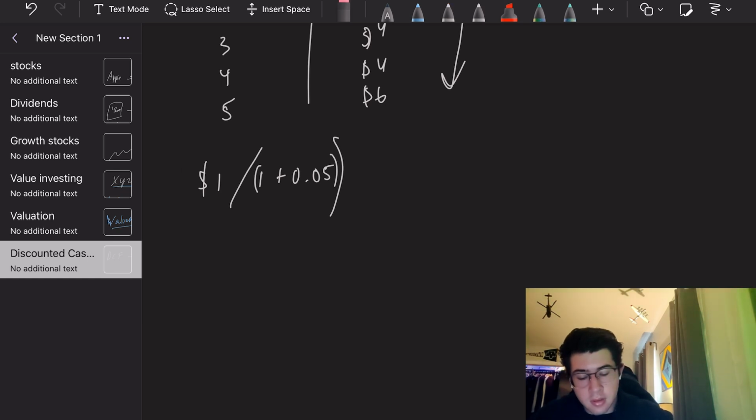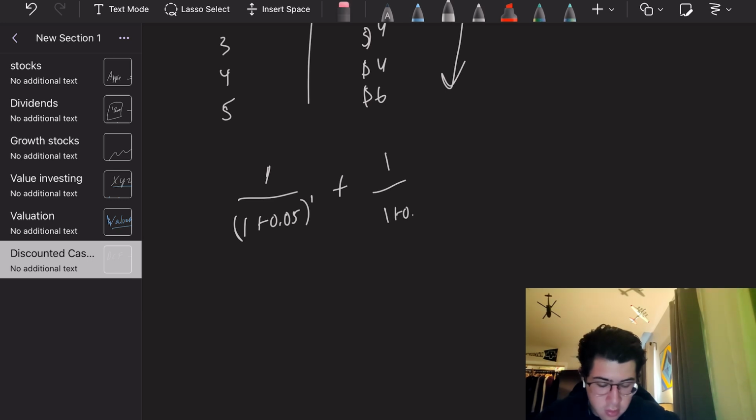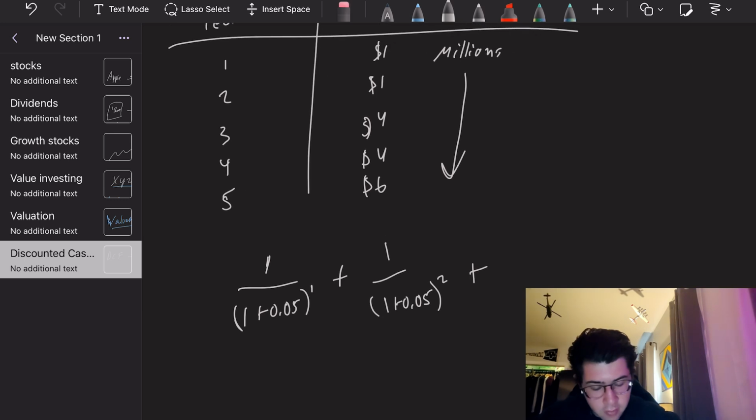Sorry. Let me draw an easier way to see. We have 1 million. Keep in mind these are millions. And this is the first year. Then we have to do another 1 plus 0.05. The second plus, what do we have? 4.